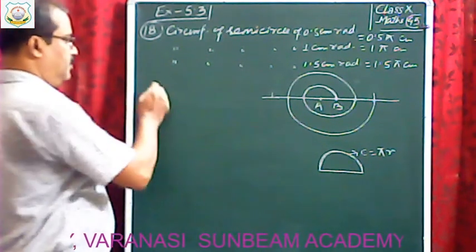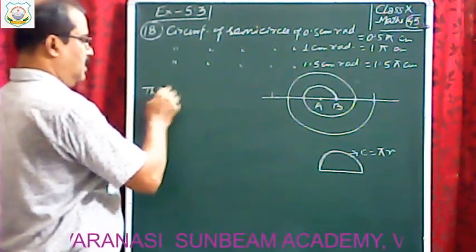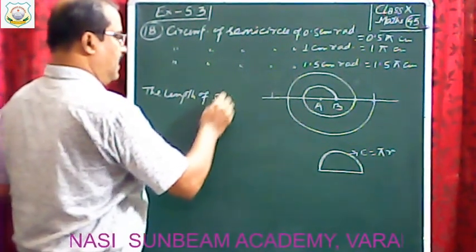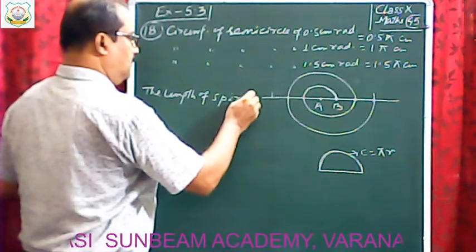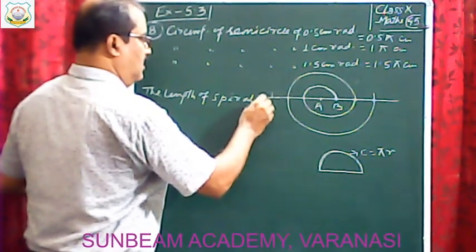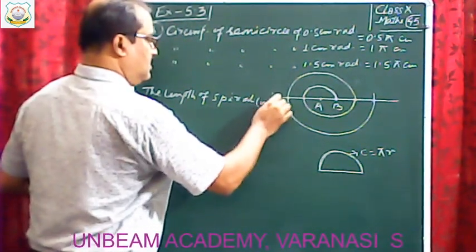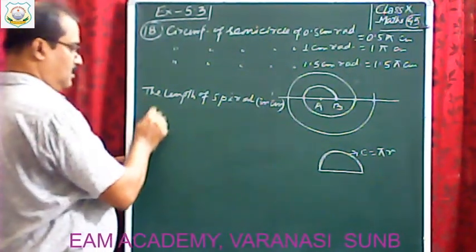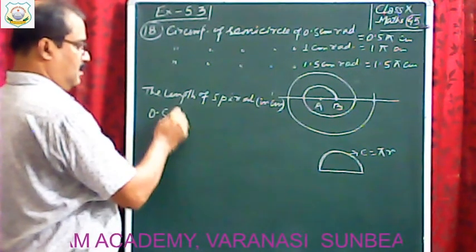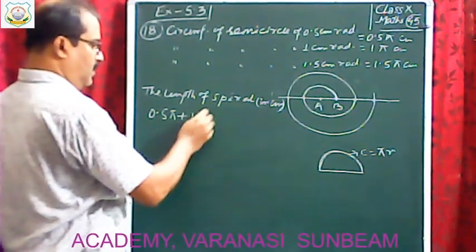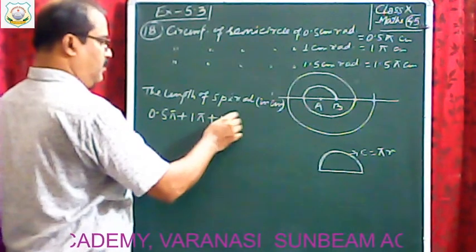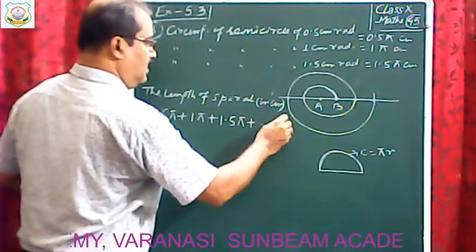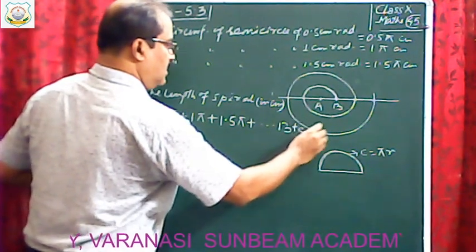So the length of the spiral in centimeter is 0.5 pi plus 1 pi plus 1.5 pi and so on up to 13 terms, as 13 semicircles are there.